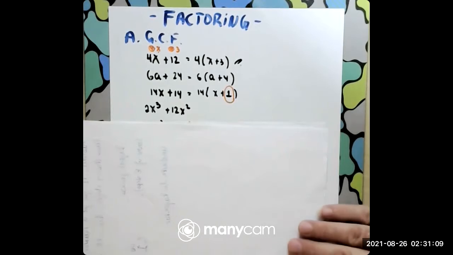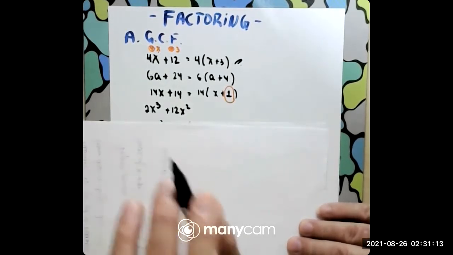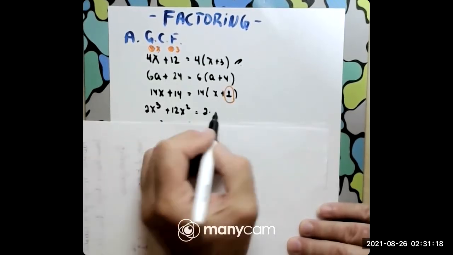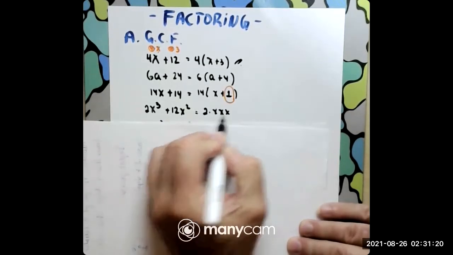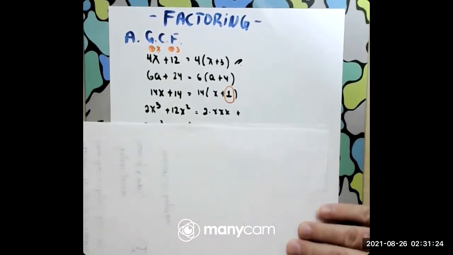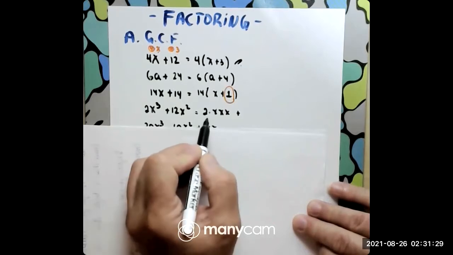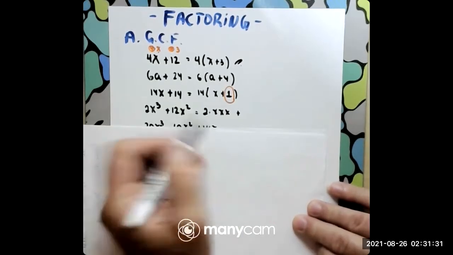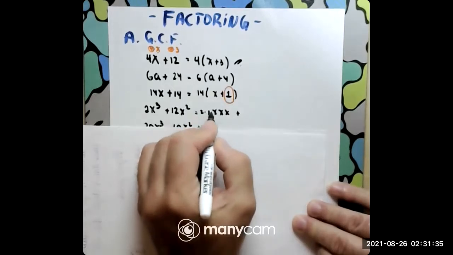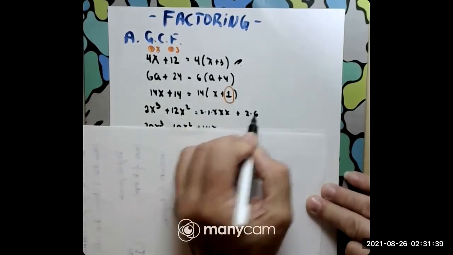Okay, this one is a bit more complicated. Let me write it down, step by step. So how do I break this one down? 2 times 1, 2, 3 x's, 2 times x, and 10x plus 12. Actually, this is 12, 2 times 1. I forgot the 1, just put it down. So it's 2 times 1, and then 12 would be 2 times 6.